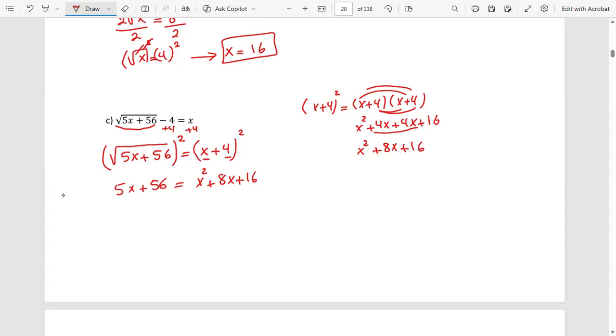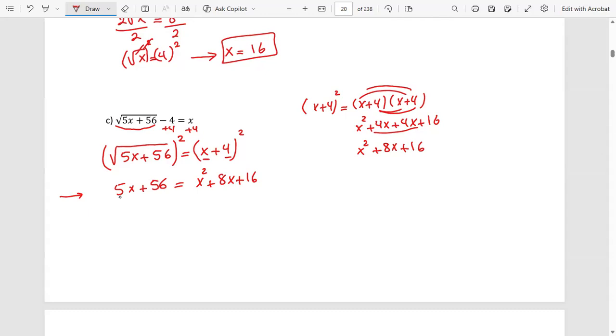Now we need to solve this equation. No more radical, okay? We don't need to repeat those steps again because there is no more radical. But as you see, this is a quadratic equation because x, which is the variable, has a power of 2. And to solve a quadratic equation, I need to move all terms to one side, and one side gets 0.